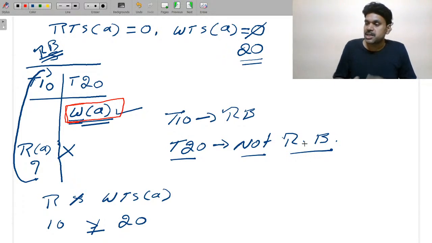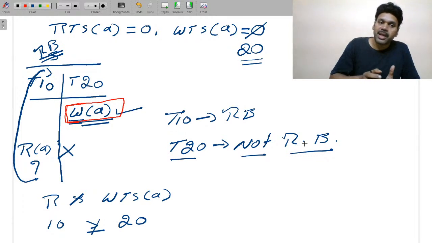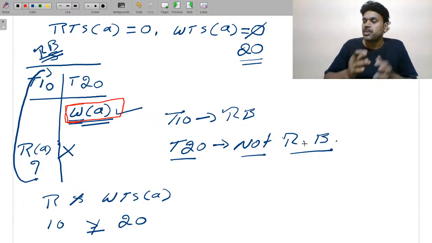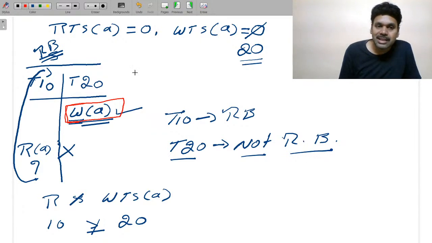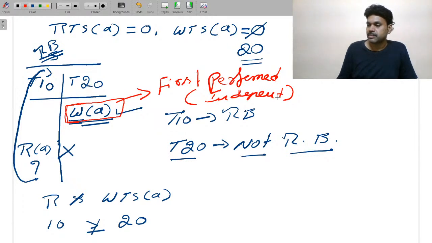The earlier situation is different: T20, 30, 40 depend on 10. As T10 is rolled back, all others are going to be rolled back. But as this is independent, this is the first perform, and that too it is independent. Yeah, correct.